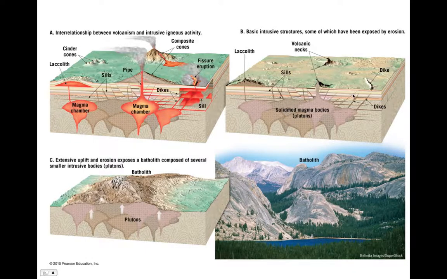Over time, as erosion erodes away the overlying rock, those batholiths are exposed. But because the igneous rock is very strong, more erosion resistant, the rock around them is eroded faster than they are, and so erosion actually carves the igneous rock out, forming somewhat of some topography or mountains.